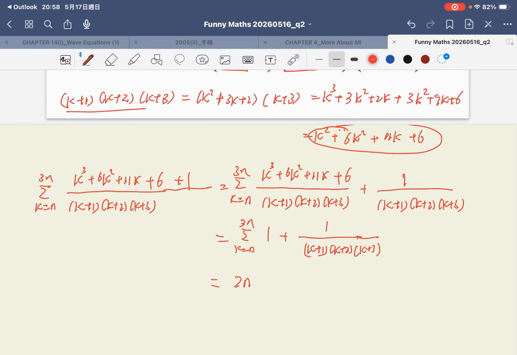For the second part, k goes from n to 3n.